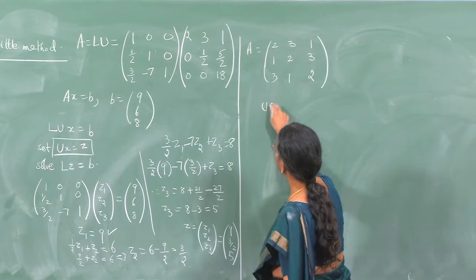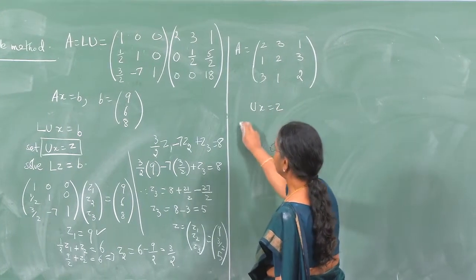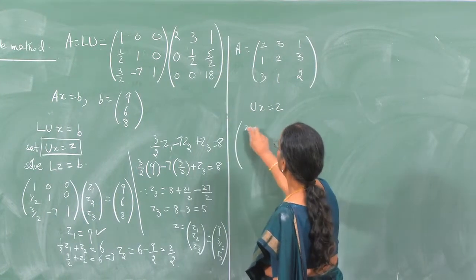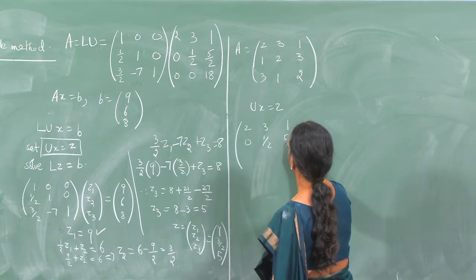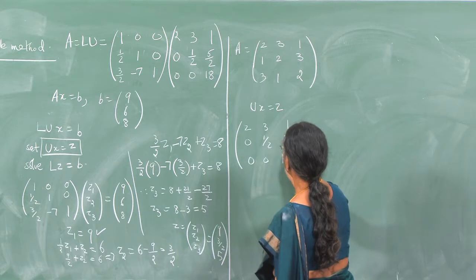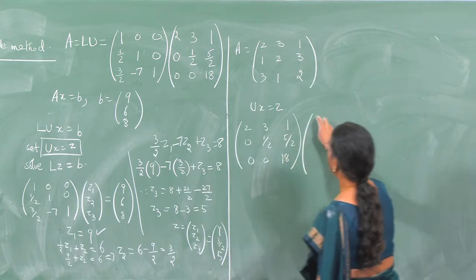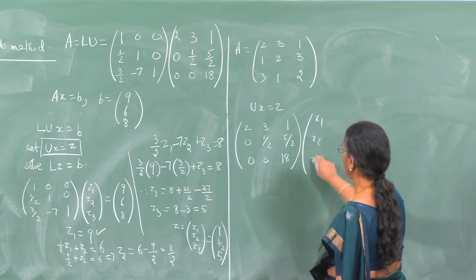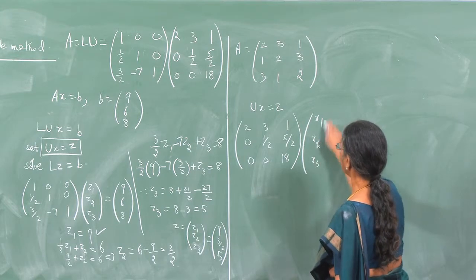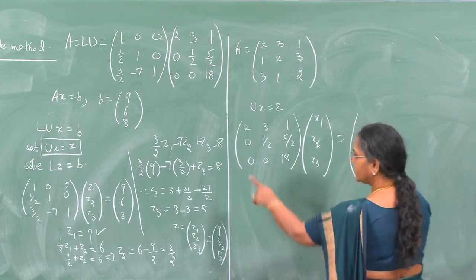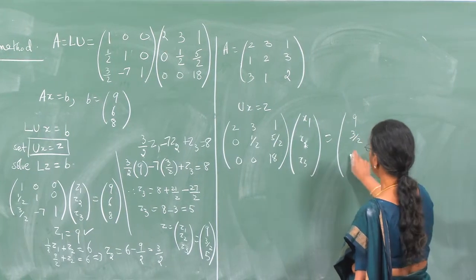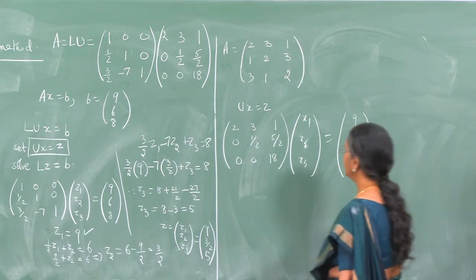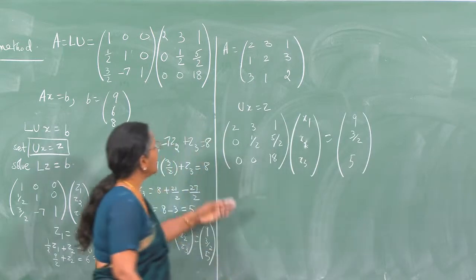Write down the system Ux = z. What is U? 2, 3, 1, 0, 1/2, 5/2, 0, 0, 18. x has components x1, x2, x3, and the right hand side vector z has components 9, 3/2, 5.